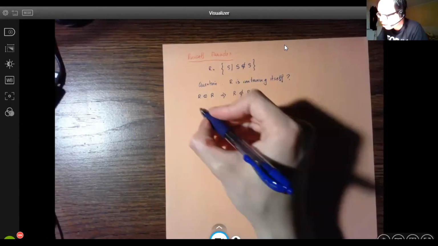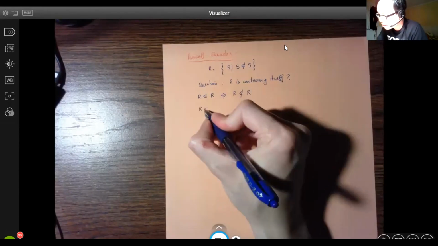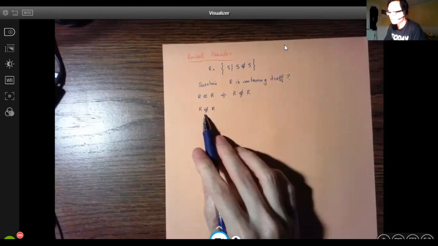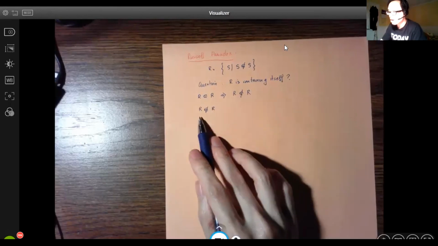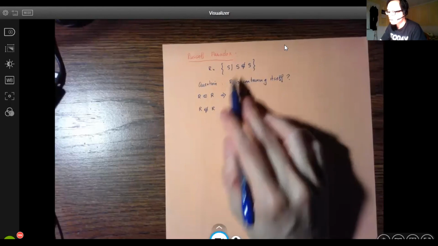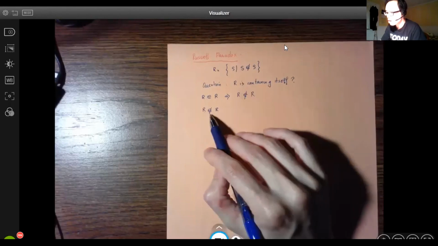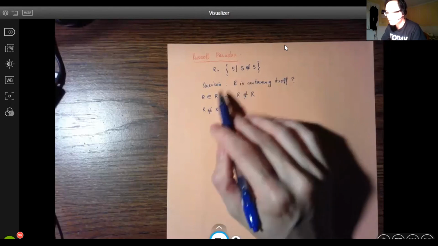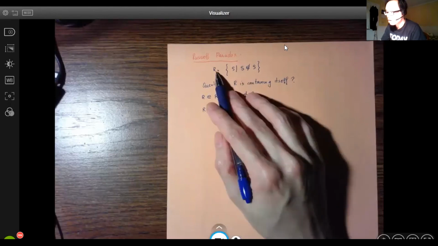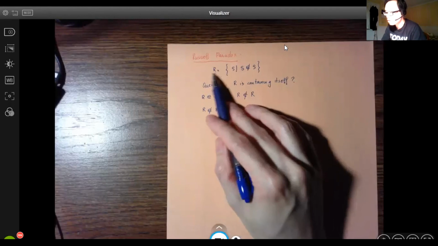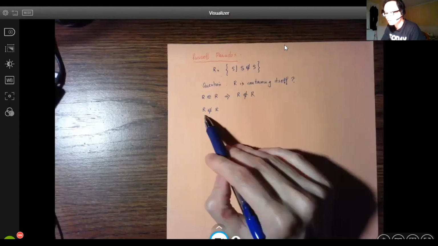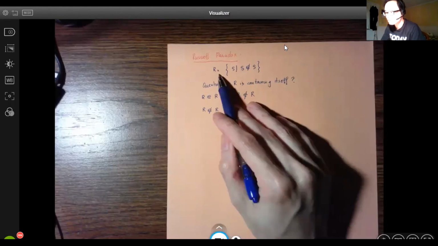And if R does not contain itself, then R is a member of set R, because R contains the sets that do not contain themselves. Now R does not contain itself, which means R also belongs to R, right?